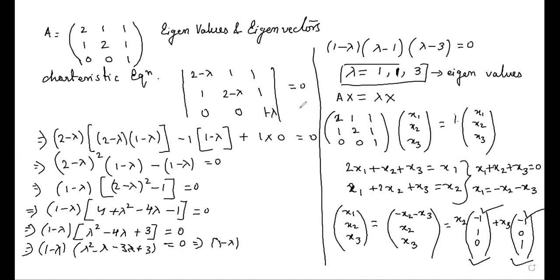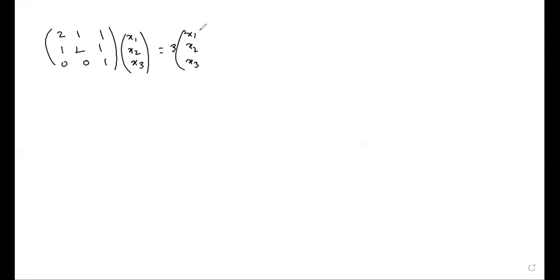Next we will find the eigenvector corresponding to lambda equals 3. The difference is just that 1 will be replaced by 3. So it will be [2, 1, 1; 1, 2, 1; 0, 0, 1] times x1, x2, x3 equals 3 times x1, x2, x3.